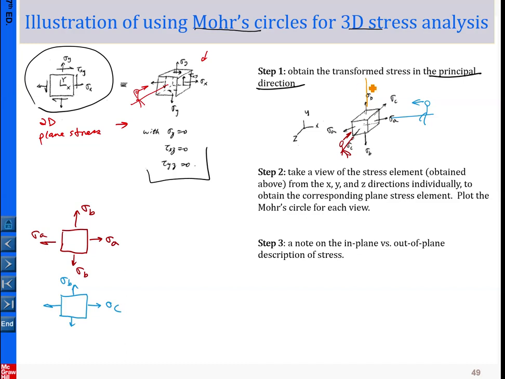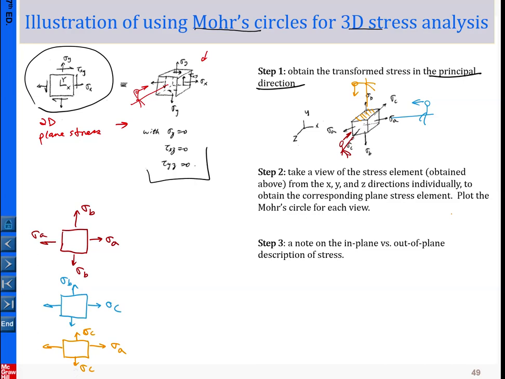You are sitting on this axis and looking downward. What you will see projected to you is this surface. From here is sigma A, and on this one is sigma C. So that is this case.